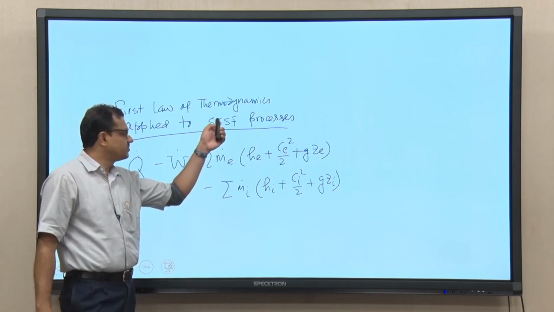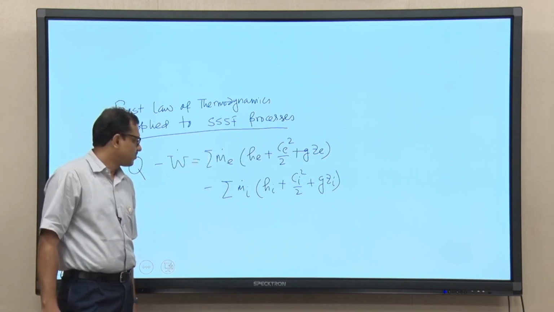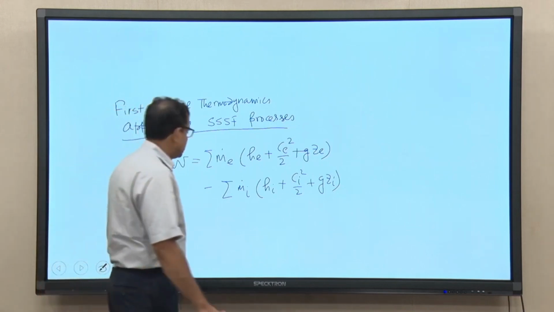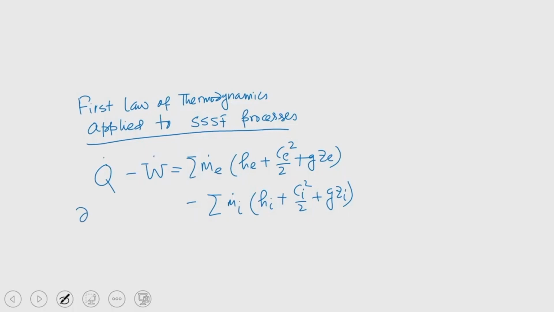That is the meaning of this, and that is why we did not consider dE_CV/dt, that is, the change of energy within the control volume. So, this term we have ignored, d/dt of E_CV equal to 0. So, energy, this is an exact differential. So, that is we have not considered.